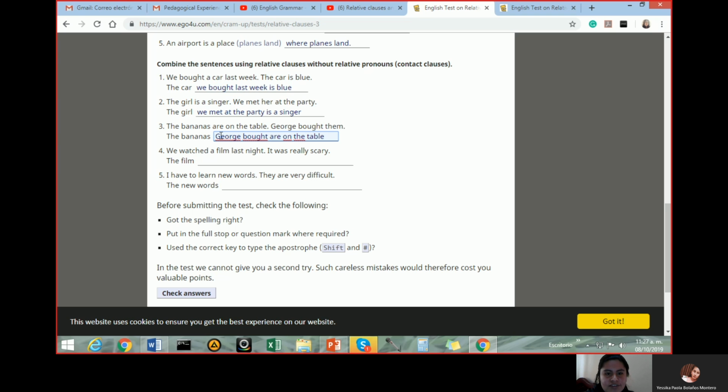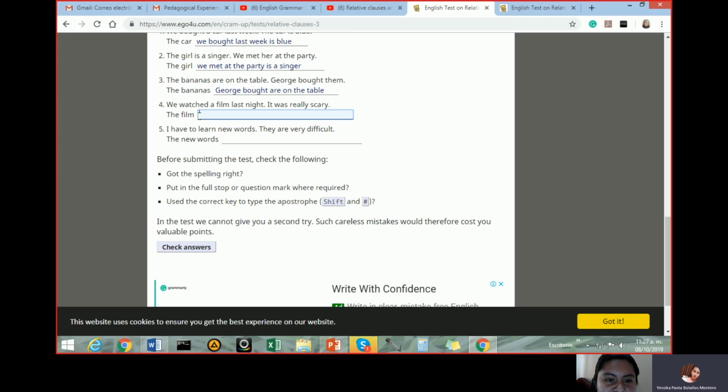Do we put them? No, it's only George bought. Okay, teacher. Can you translate the third part? Las bananas que Jorge compró están en la mesa. Yes, because if you apply them, las bananas que Jorge las compró, suena un poco extraño. For this reason, the bananas you bought are on the table.